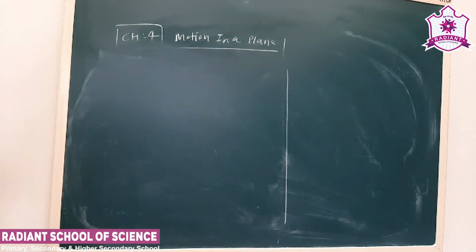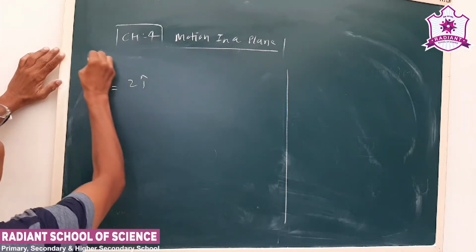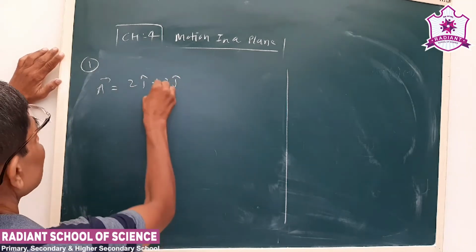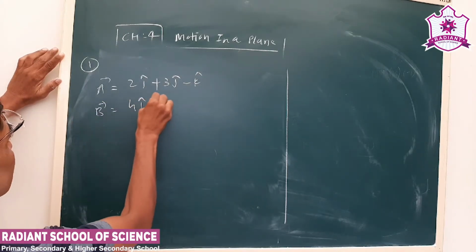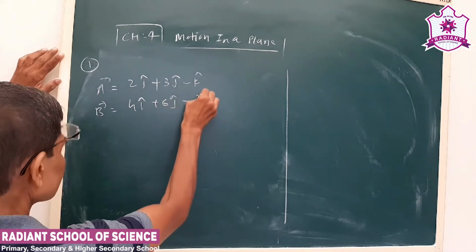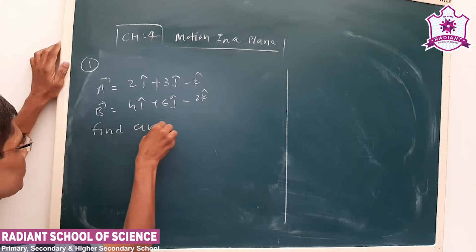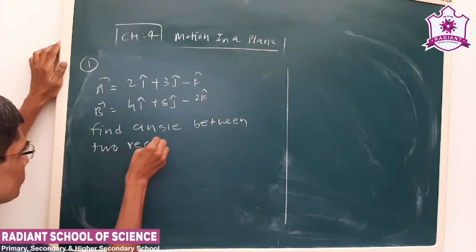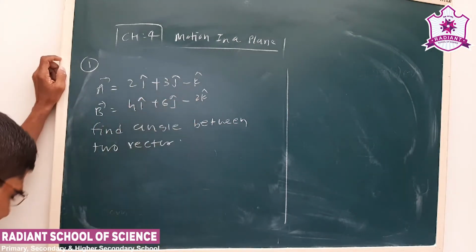Now one of the MCQs is like this. Let us say A is 2i plus 3j minus k, and B is 4i plus 6j minus 2k. Find out the relation. There are different methods.